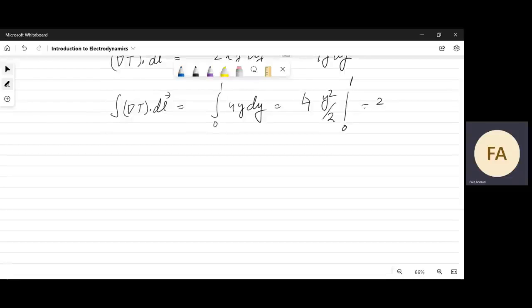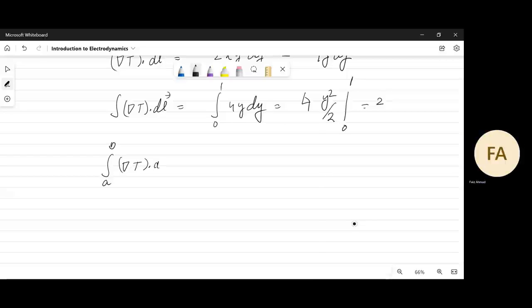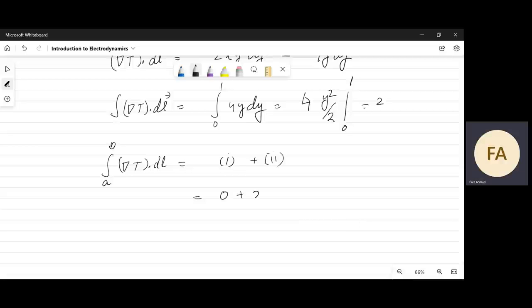So the integral from a to b of delta T dot dl is equal to 1 plus 2, that is 0 plus 2, which is equal to 2.